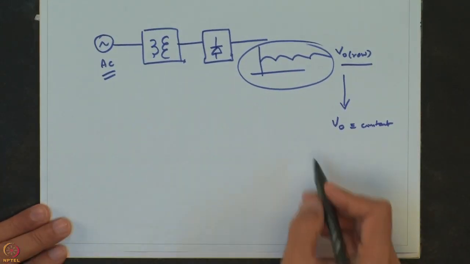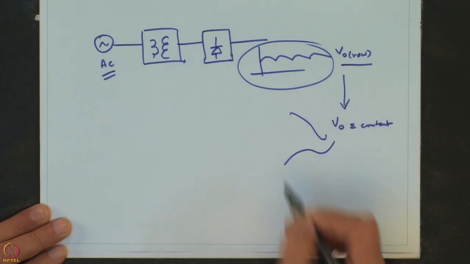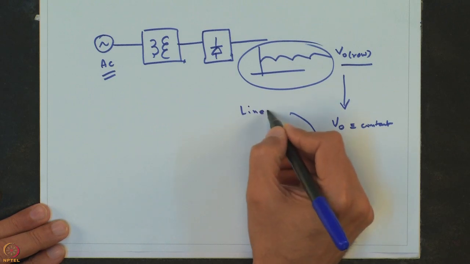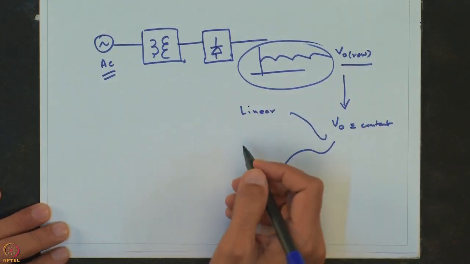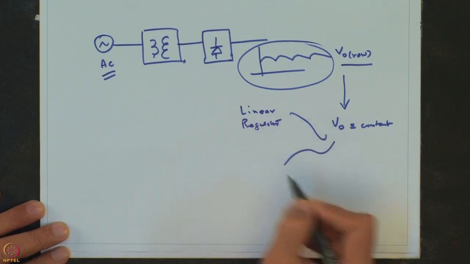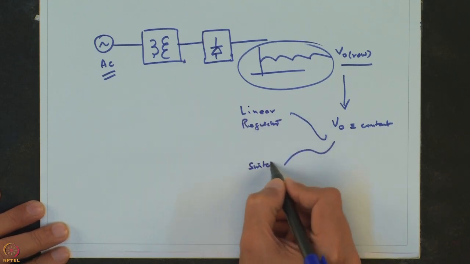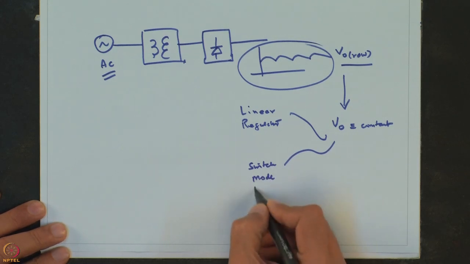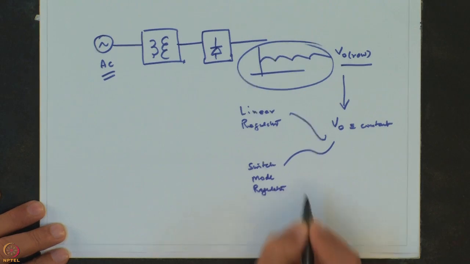Okay. So, there are two approaches now which are taken from here. One of them is utilizing the linear regulators, and the other is utilizing what is called the switch mode regulator. Let me just briefly tell you about these two, and then we can come back.